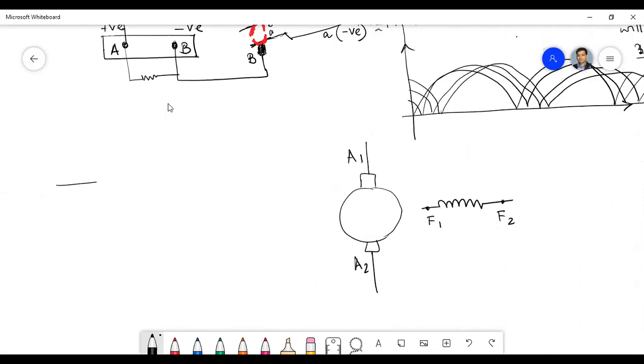So if we look at the terminal box of a DC machine, you will find 4 terminals. 2 armature terminals, because the armature is a coil, and 2 field terminals, because the field coil is the other coil in the machine.